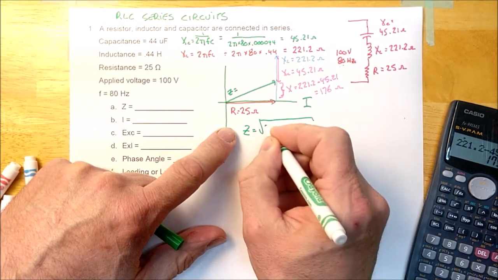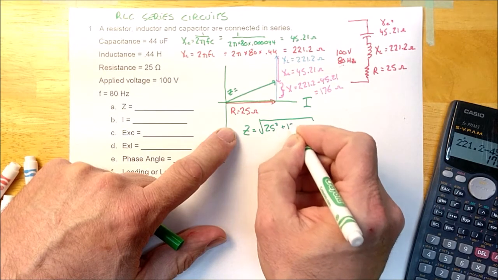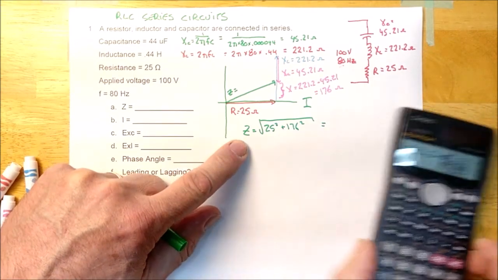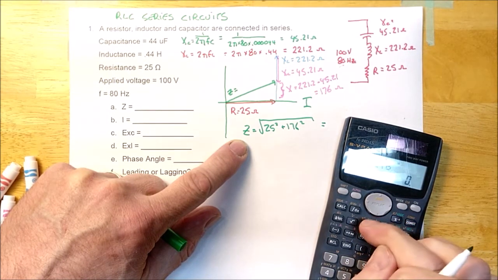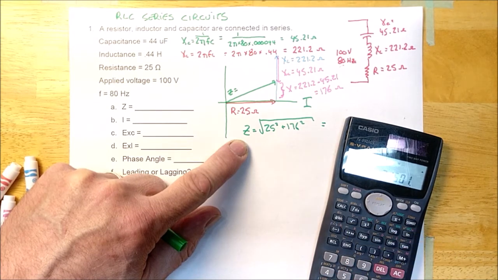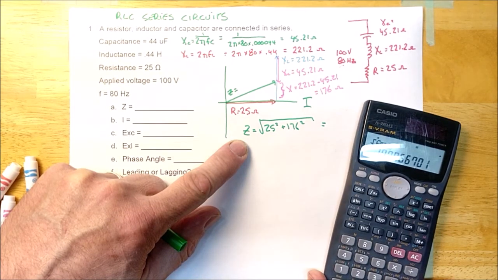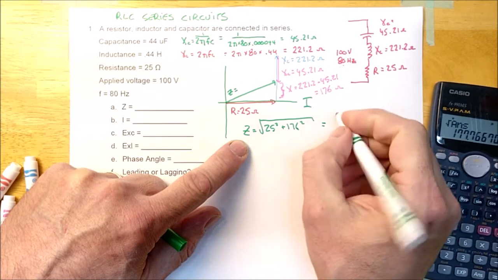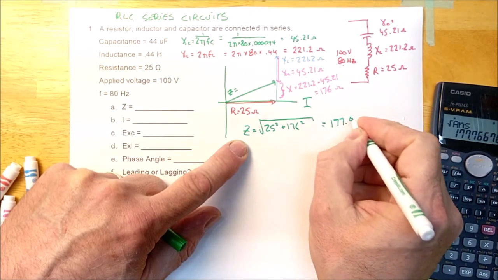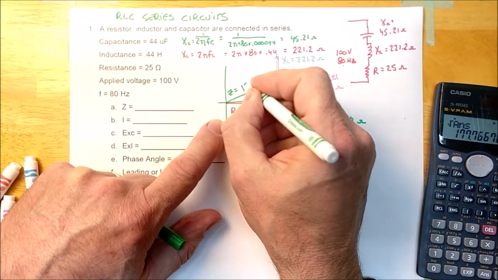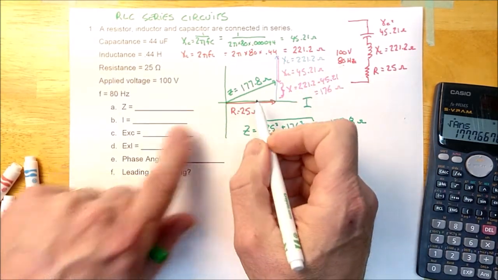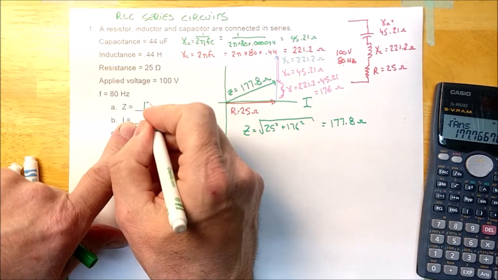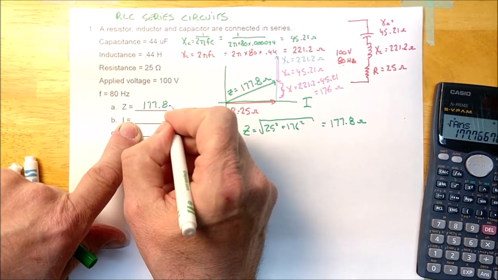Let's do that. 25 squared plus 176 squared, square root, equals 177.8 ohms. Okay, guys? So that's the answer for A, 177.8 ohms.